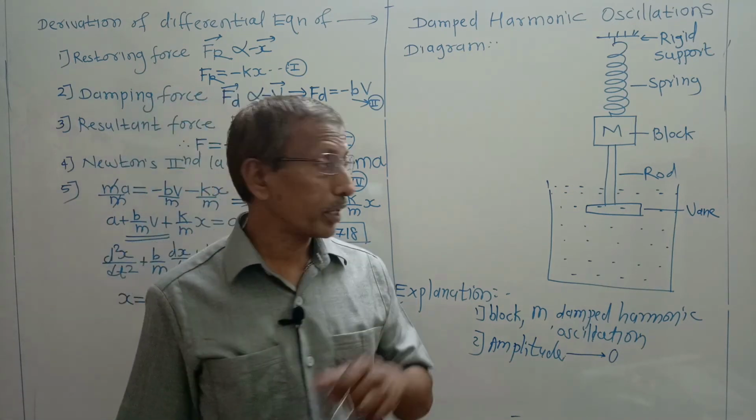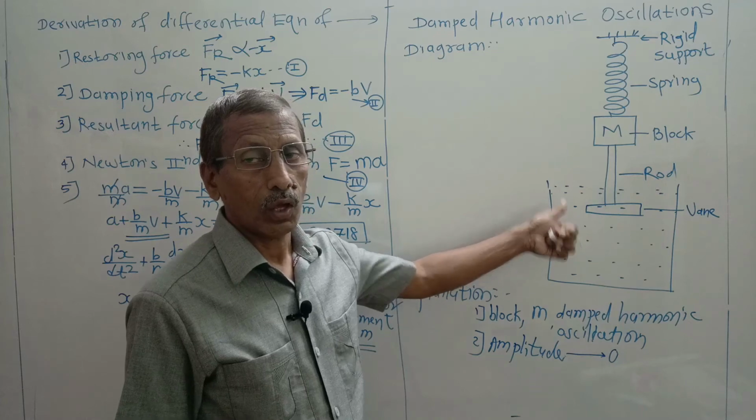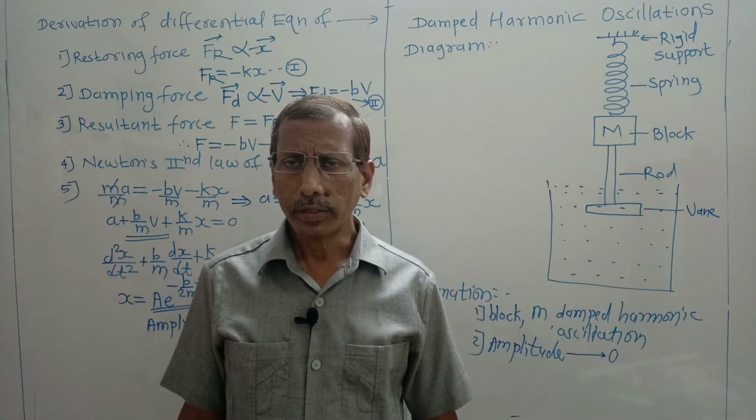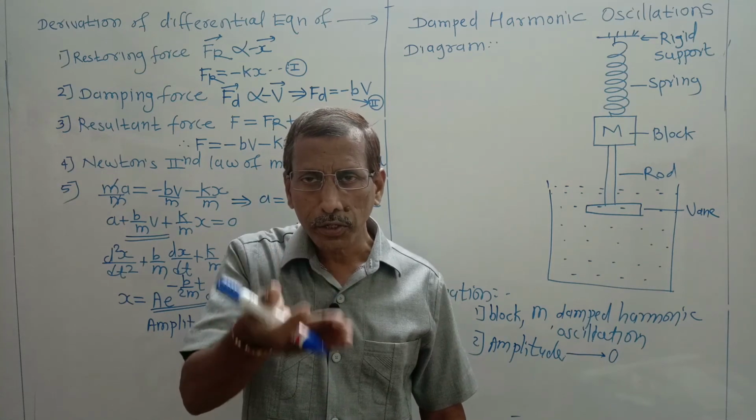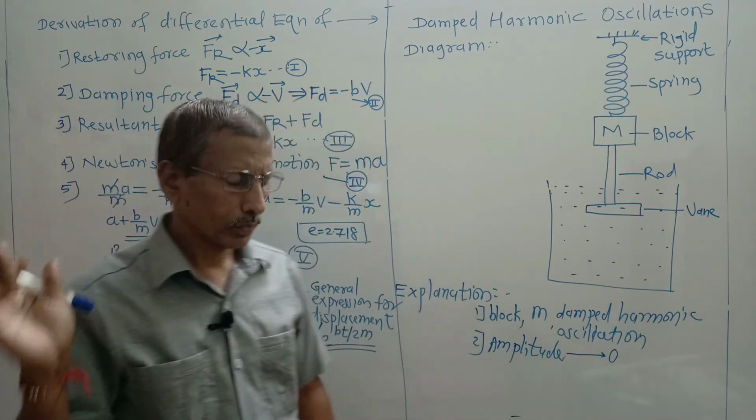As we theoretically described already, when a body performs damped harmonic oscillation, the amplitude goes on decreasing and finally stops.